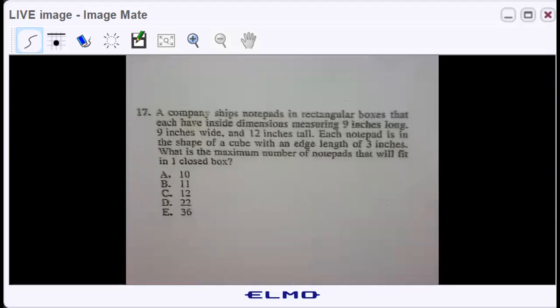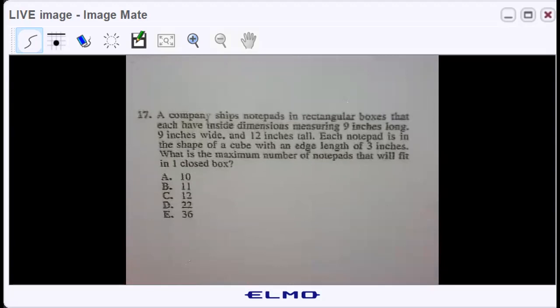A company ships notepads in a rectangular box that each have inside dimensions measuring 9 inches long, 9 inches wide, and 12 inches tall. Each notepad is in the shape of a cube with an edge length of 3. What is the maximum number of notepads that will fit into one box? So again, if your teacher will pause the video and let you have a moment to try to work this problem.